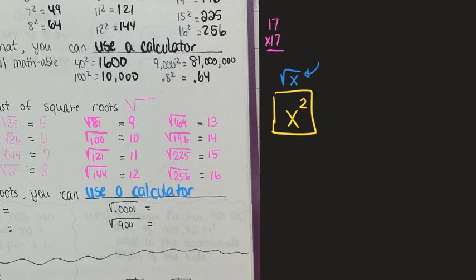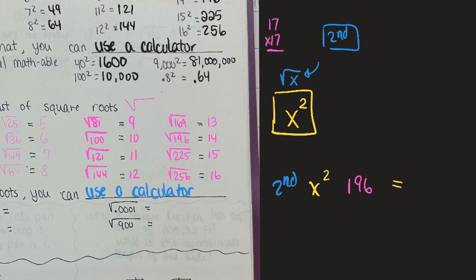To get to that one, you have to hit the second button. So you would hit second, the x squared button, then the number that you're trying to figure out, like 196, then you hit equal sign, and it should tell you 14.